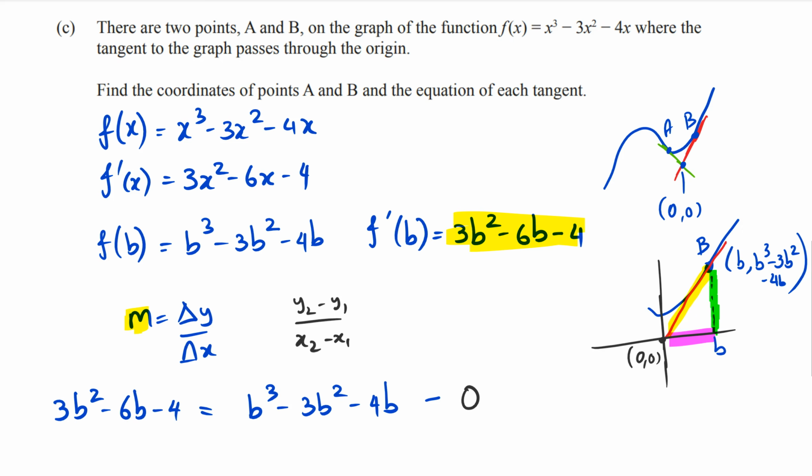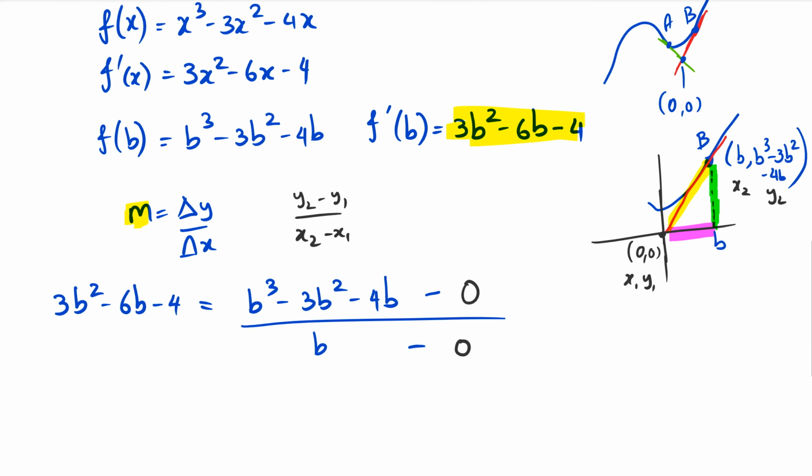Now x1 and y1 is 0, 0. That's there, x1 and y1. And our x2 and y2 is there. So if that's the case, then that whole thing gets divided by x2, which is b minus 0. Now we're starting to get somewhere.